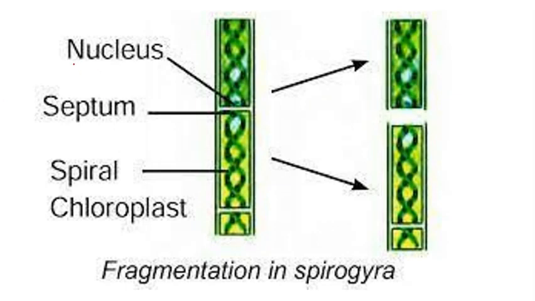See, you have a nucleus that is present. So this is one cell. So you have a nucleus that is present. Septum is a gap that is present between the cells, and you have a spiral chloroplast that is seen at the center. So in the septum region, after maturity, it breaks and it divides to form many organisms and many cells, and each of it is capable of giving rise to a new Spirogyra.